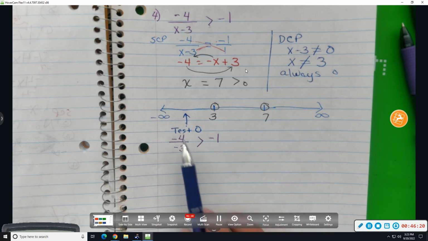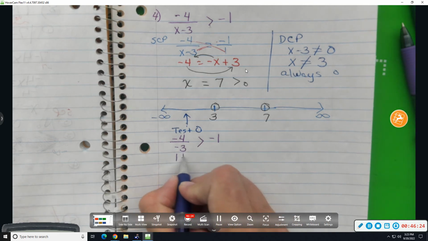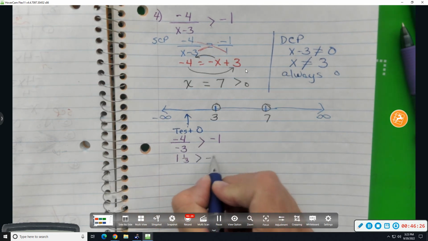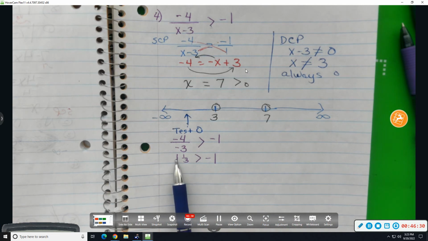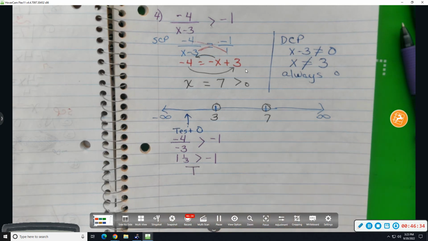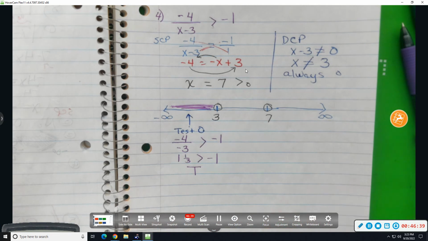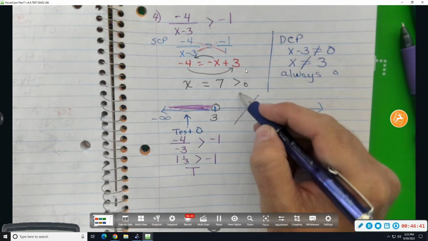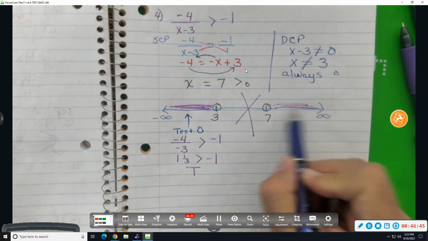This would be a positive 1 1/3. A positive 1 1/3 is greater than a negative 1. True or false? Yeah, a positive is always bigger than a negative. So true. What am I going to do with the other two? False and true.